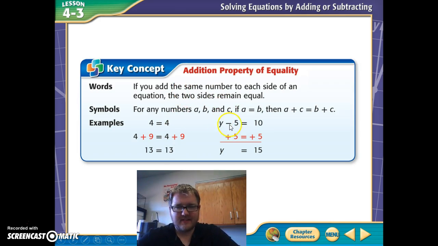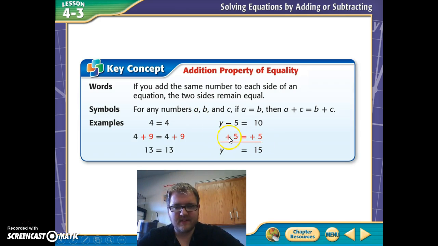What also is nice for us, if we don't know a variable, like y for instance, we have y minus 5 equals 10. Well, you might be able to instantly figure out that that's 15, because we know 15 minus 5 is 10. What you were doing in your head, you were using what you know is the addition property of equality. You were adding 5 to 10 to kind of work backwards.